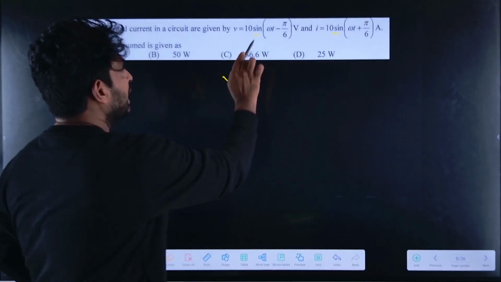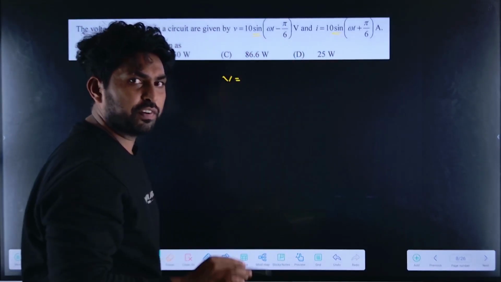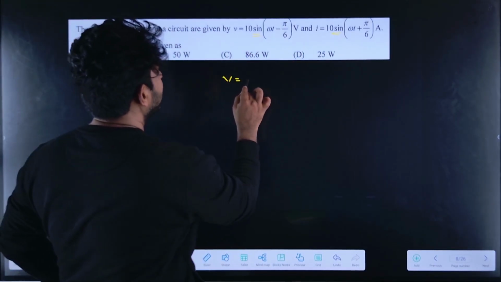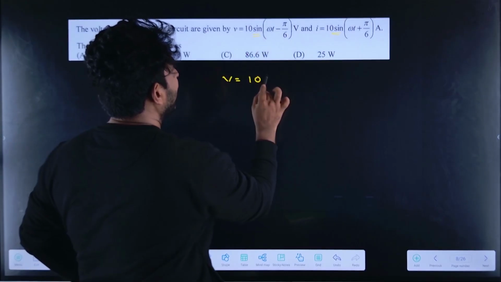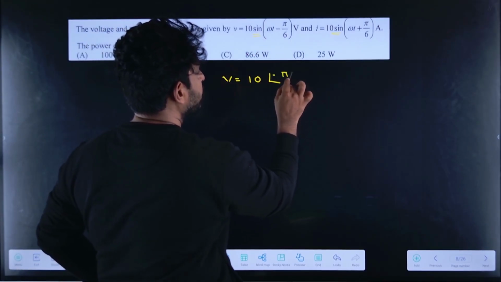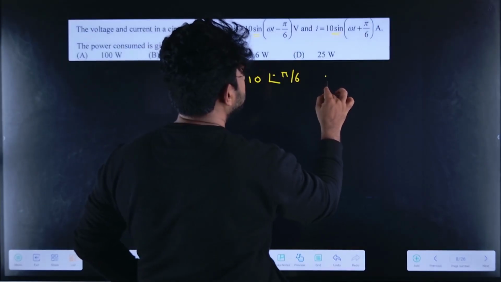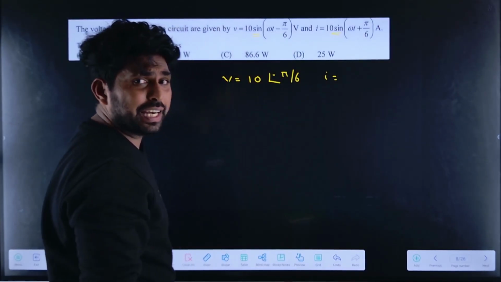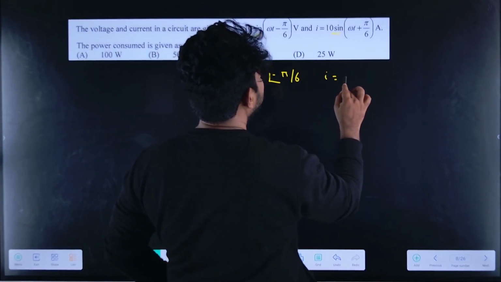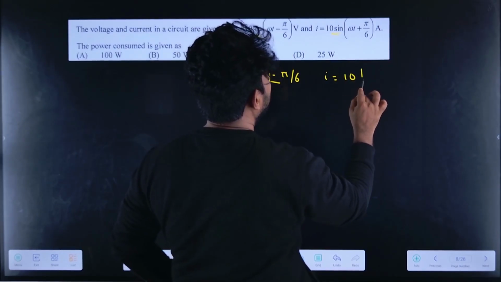Yes, it has omega frequency, and it is also omega frequency. So we can proceed. 10 at an angle minus pi by 6, and the current is given as 10 at an angle of plus pi by 6.